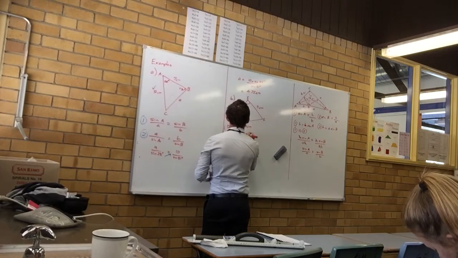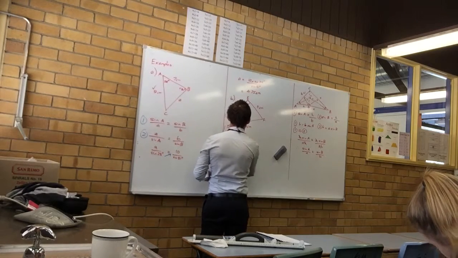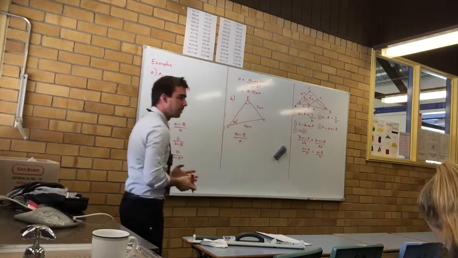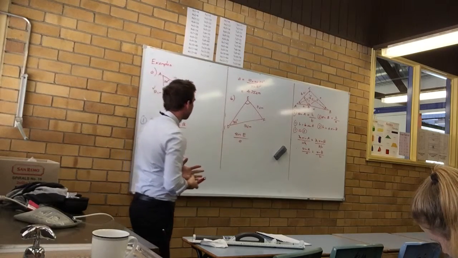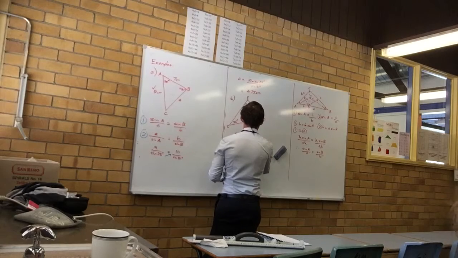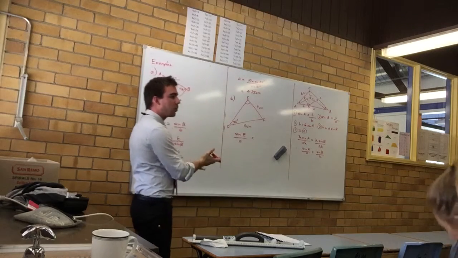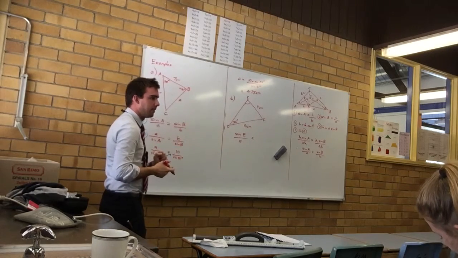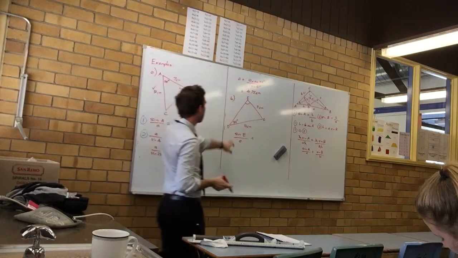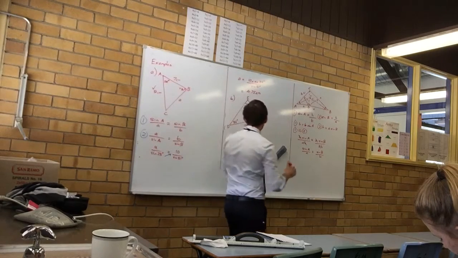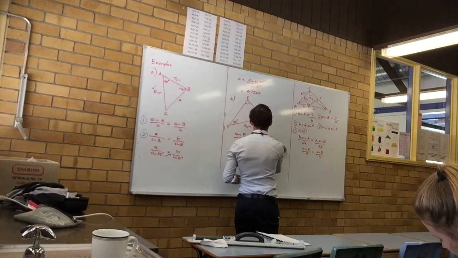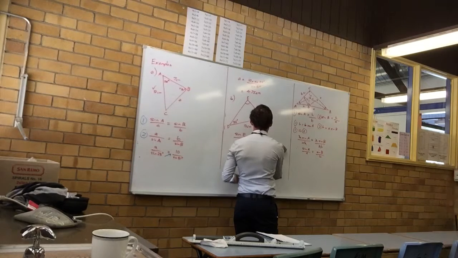So, sine of capital E over little e. Now, D or F, where do I have a known angle and a known opposite side? At D, capital D and little d are known. So my formula is going to be sine of capital D over little d.